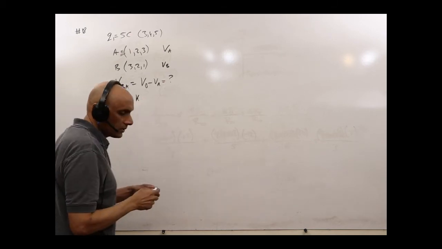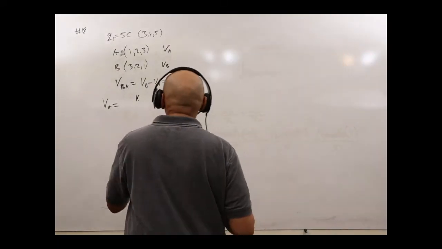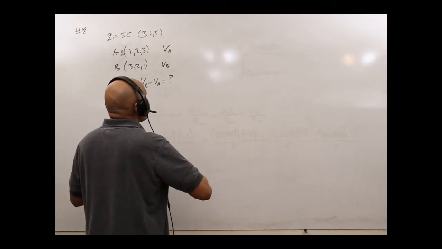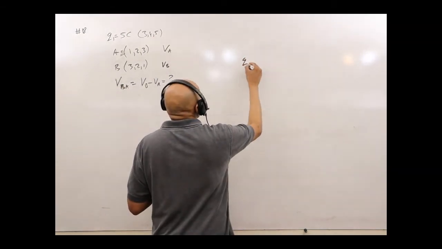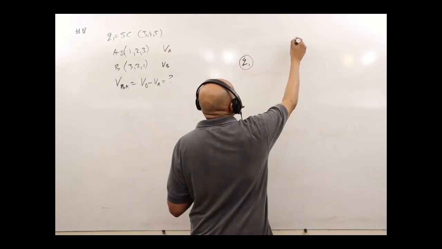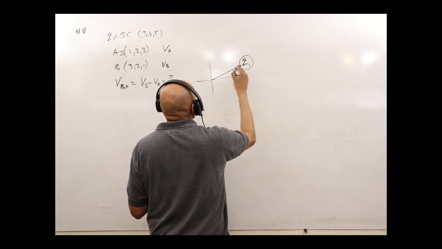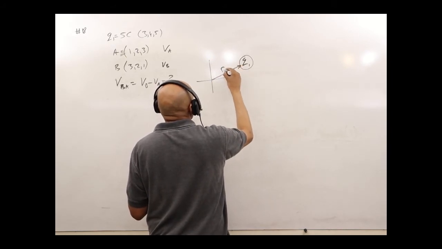Actually, before I do that, I should draw a little diagram to make sure you're understanding. We should always do a little diagram. Somewhere in space we have a charge Q1, and 2 points in space relative to some coordinate system. Here is the position vector RQ.